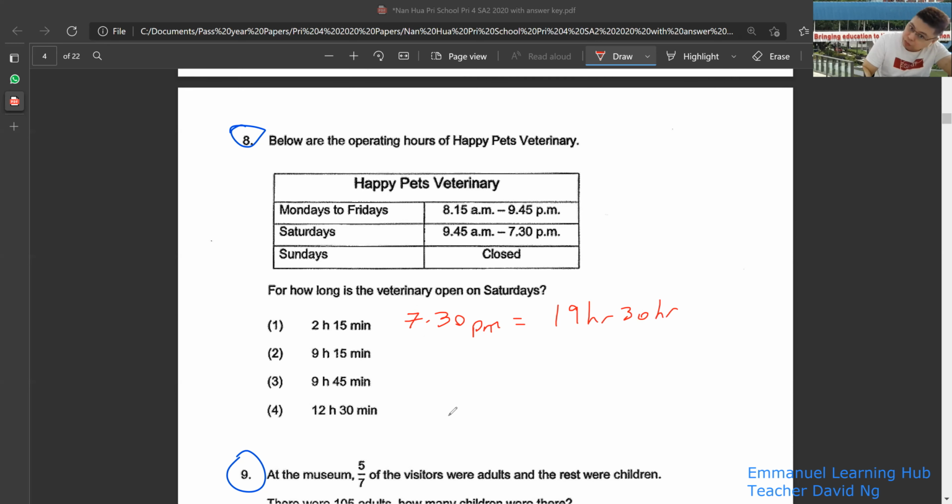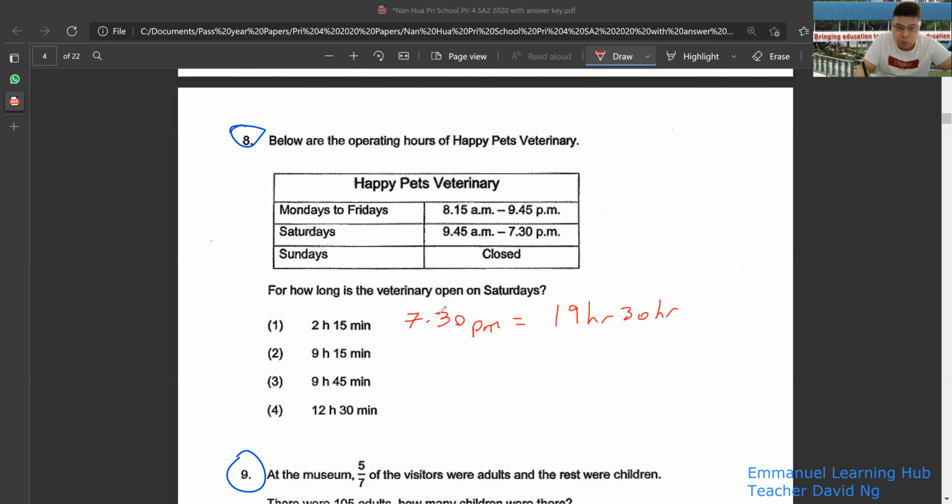You know how I get 19? Whenever you change PM to 24 hours, you plus 12. 12 plus 7 is 19. So 19 hours, 30 minutes.